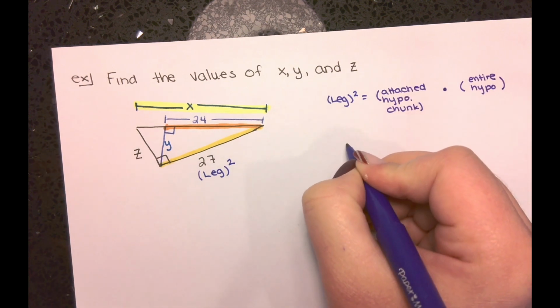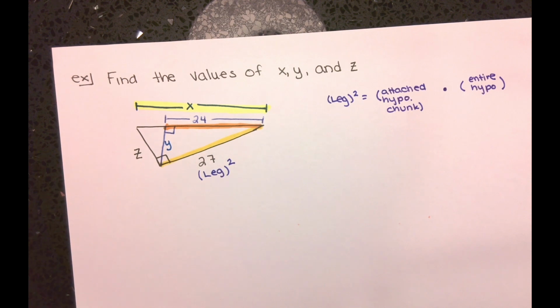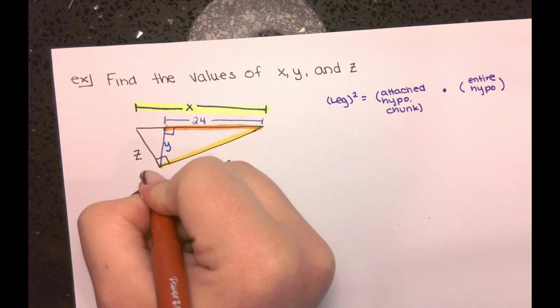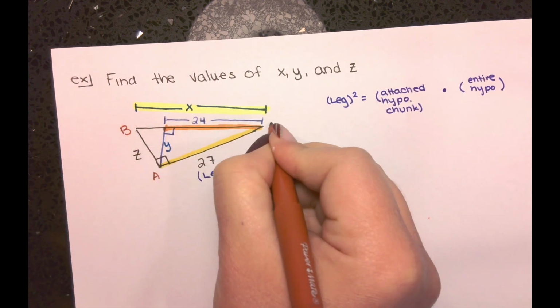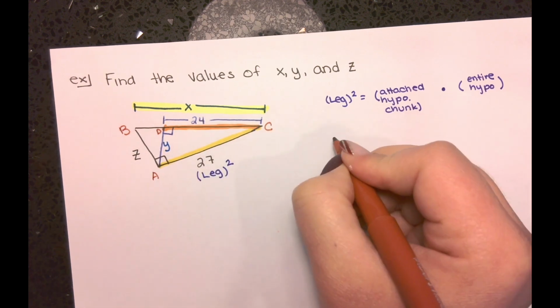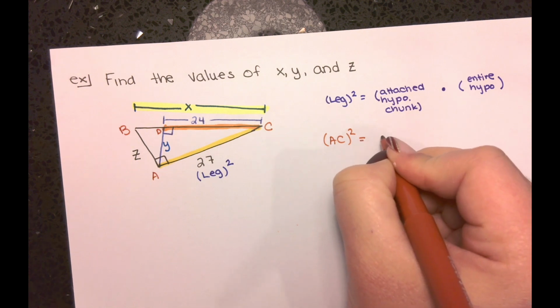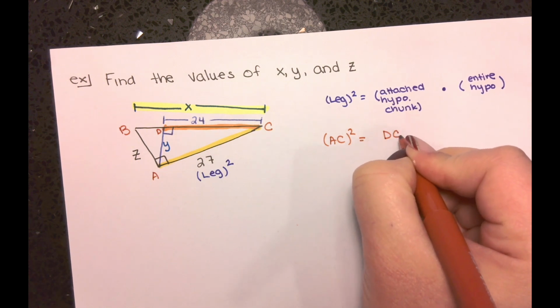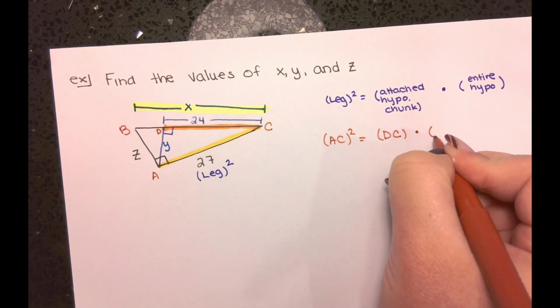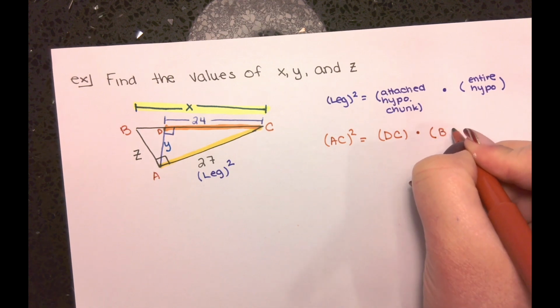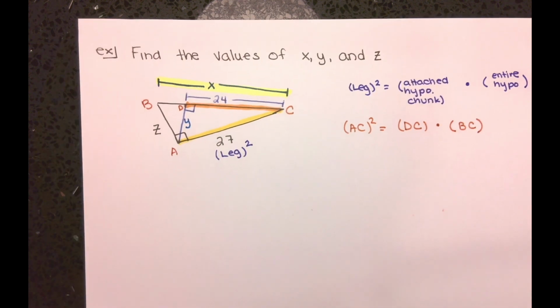So how would that look? Let's give it some letters, A, B, C, D. We got A, B, C, and D. So our leg is AC. Our attached hypotenuse chunk is DC. And our entire hypotenuse is BC.